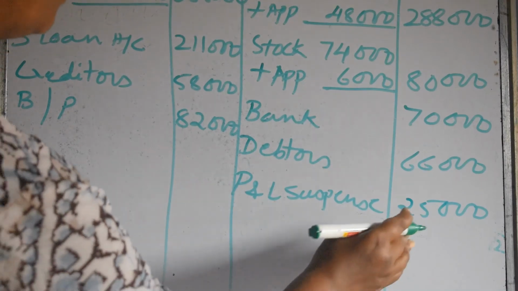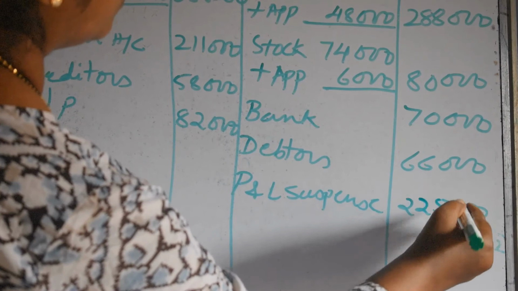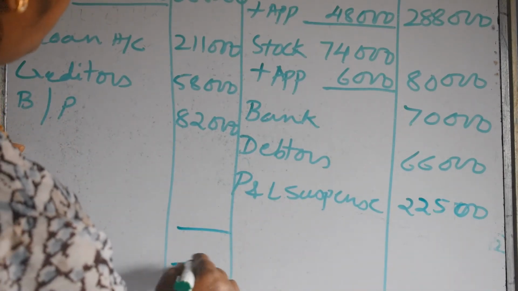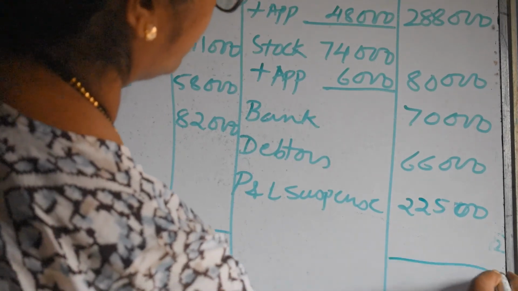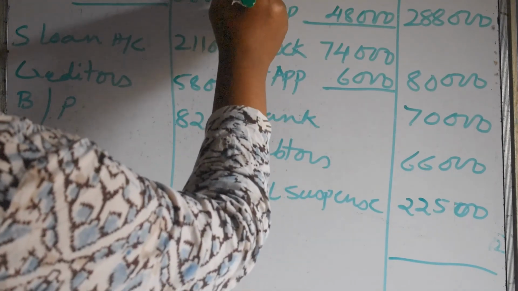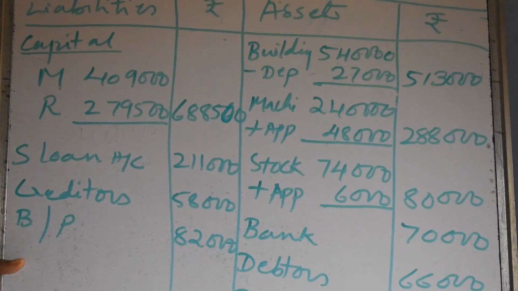Just not 25,000, 22,500. 22,500 profit and loss suspense account.